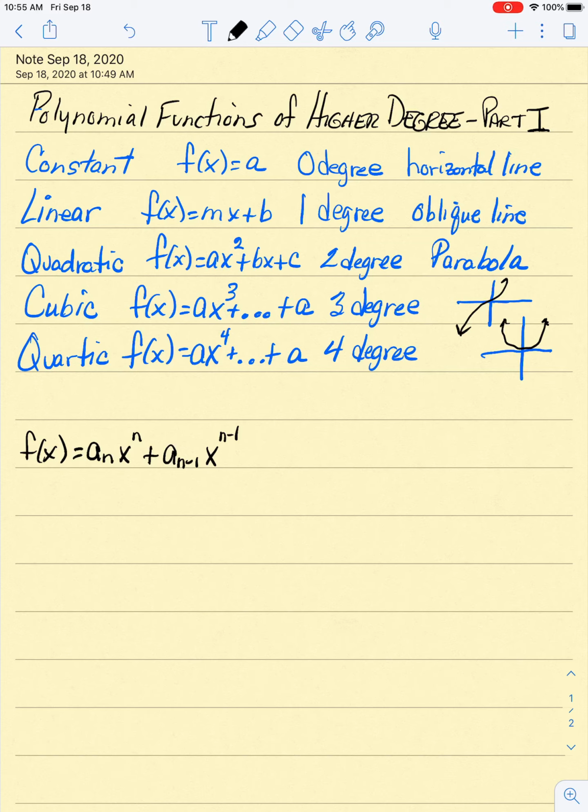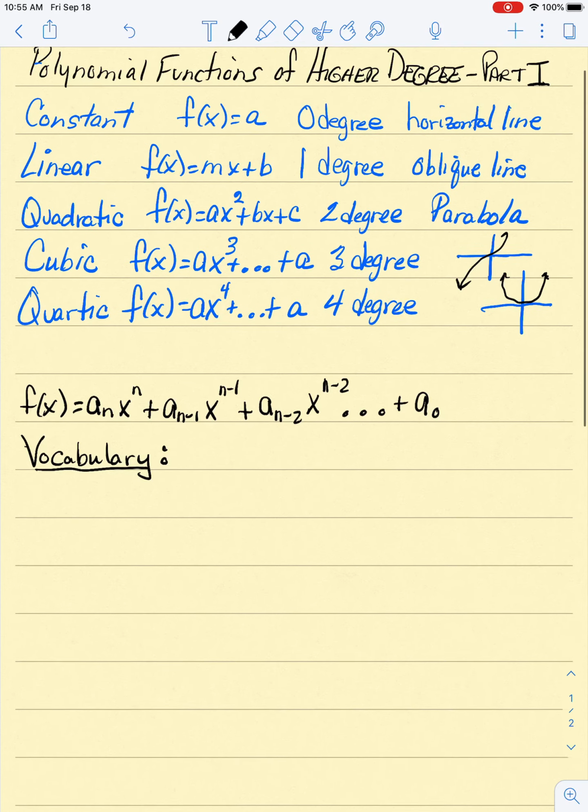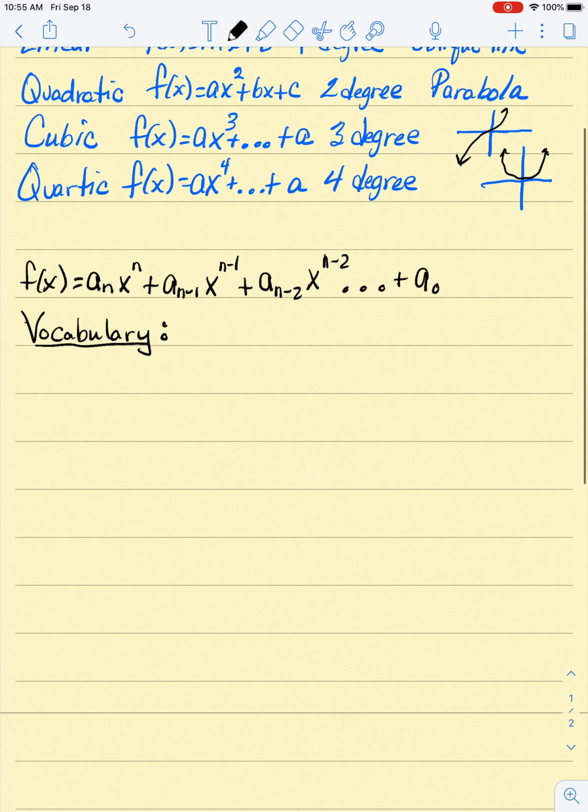We are going in descending order, such that we go all the way down to your constant. Then some words to discuss in regards to this polynomial. This is some basic vocabulary that we can use to describe our polynomial function.